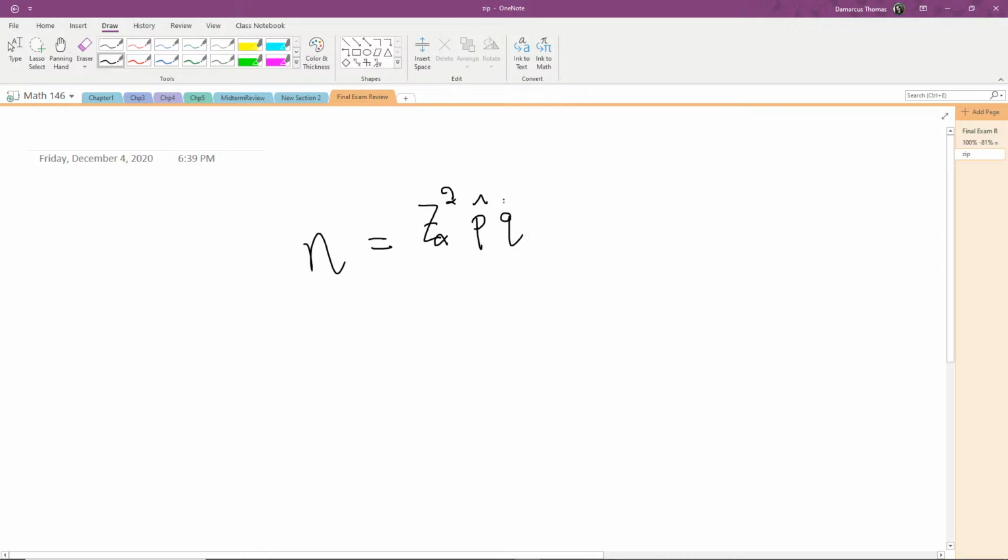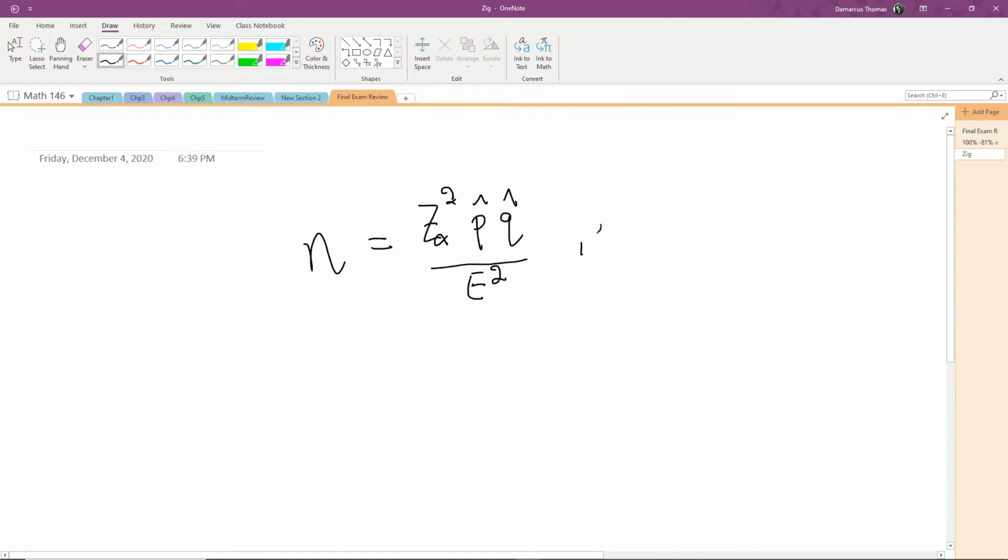P hat, Q hat, and then divided by E squared or something like that. I think I'm gonna have to double check this formula and make sure that I have it right. It's either Z alpha squared or not squared.